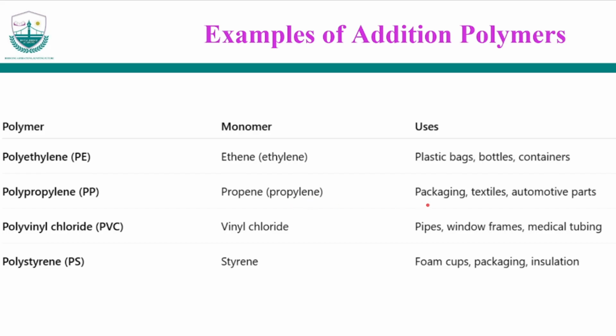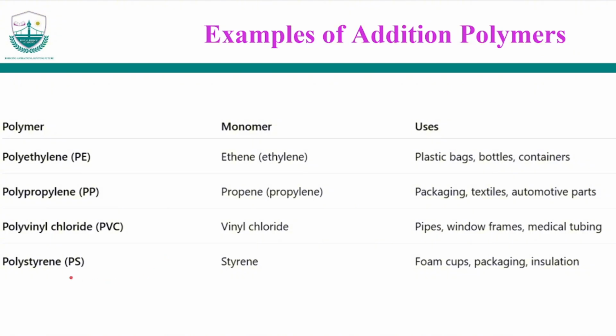So again, the uses are for making packaging materials, textile, automotive parts, and then the PVC, polyvinyl chloride. The monomer is vinyl chloride and is mainly used in making pipes, window frames, and medical tubings.